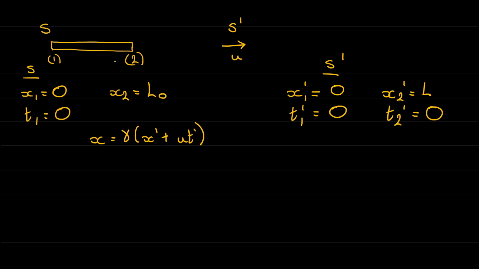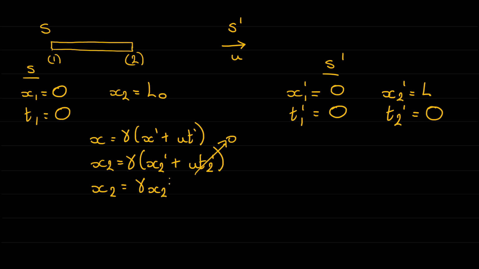So if we apply this to the measurement of the second end of the rod, the right-hand end of the rod, we would have that x2 is equal to gamma into x2 prime plus u times t2 prime. t2 prime, we've said, is 0, so we simply have that x2 is equal to gamma x2 prime. And then substituting in what x2 and x2 prime are, we have that L0 is equal to gamma L, or the way we normally write that is that L equals L0 over gamma.